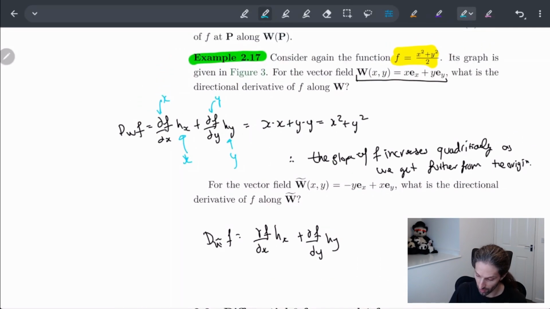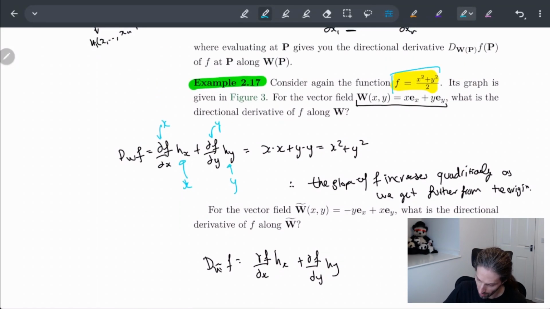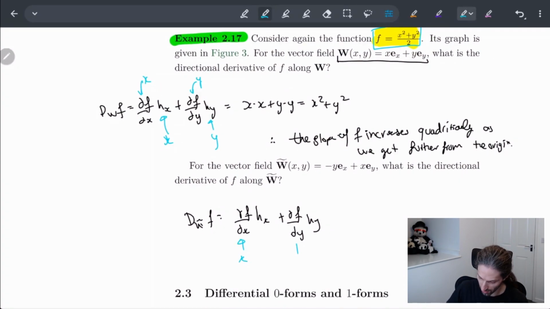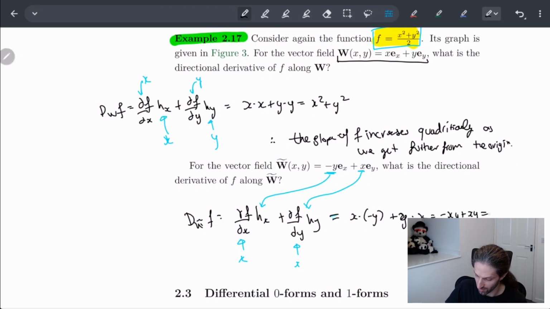We're taking f to be our function here, so this doesn't change. This is still x and this is still y. And this h of x is coming from this coefficient here. So in other words, this is equal to x times minus y plus y times x. So we have minus xy plus xy, which is equal to 0.